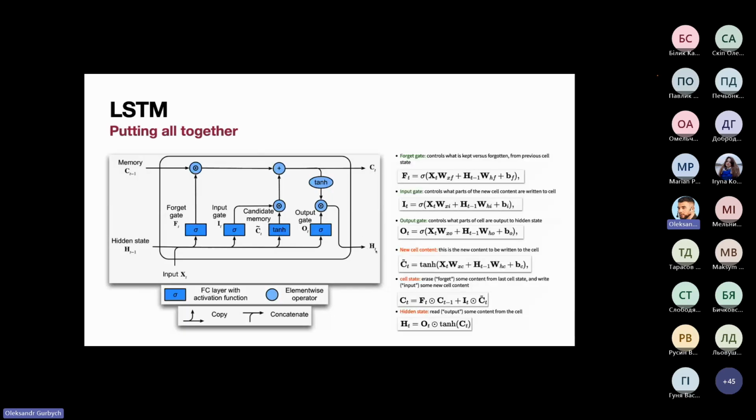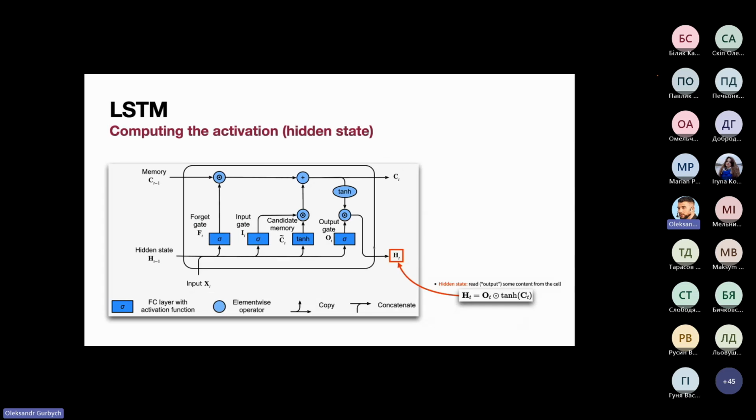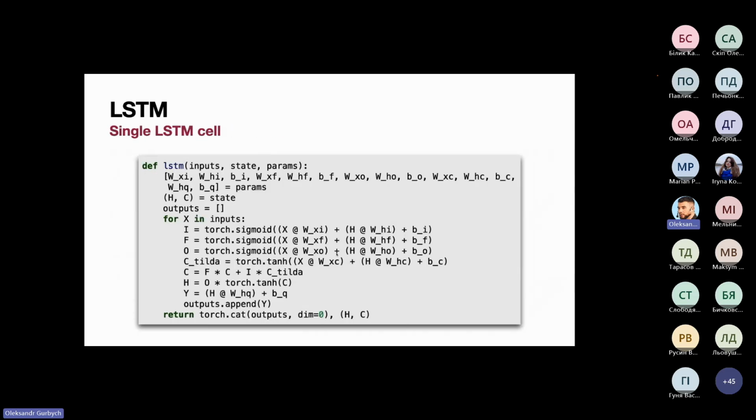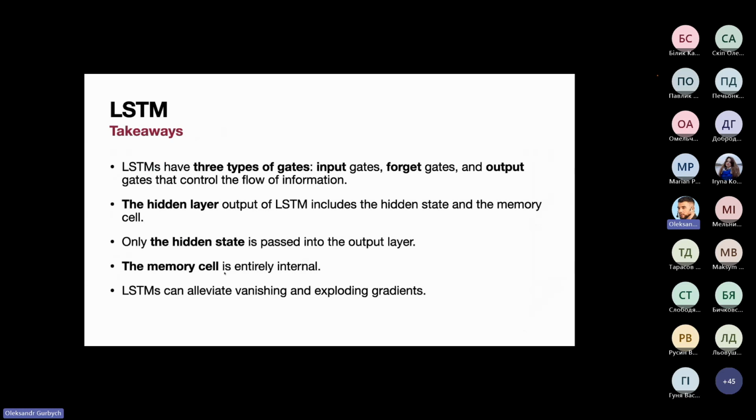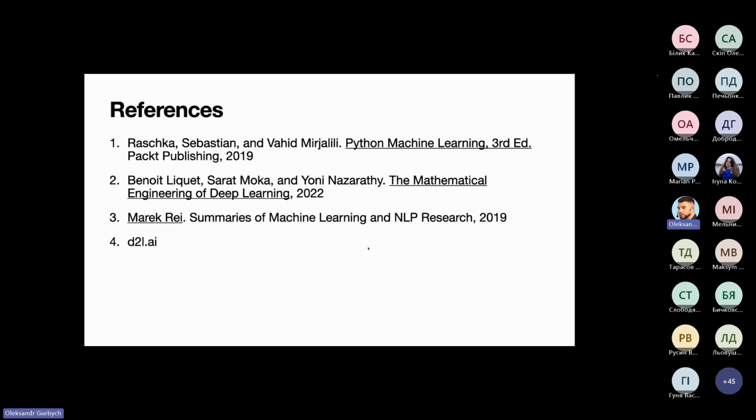It means here, the output layer, what we compare with Y. The memory cell is internal. Internal means it's used only for training of the network. And LSTMs can alleviate vanishing and exploding gradients, the same as GRU. So GRU and LSTMs are improvements to the recurrent neural network, the baseline, the vanilla architecture, trying to handle the vanishing gradient problem. Here you can see the references.